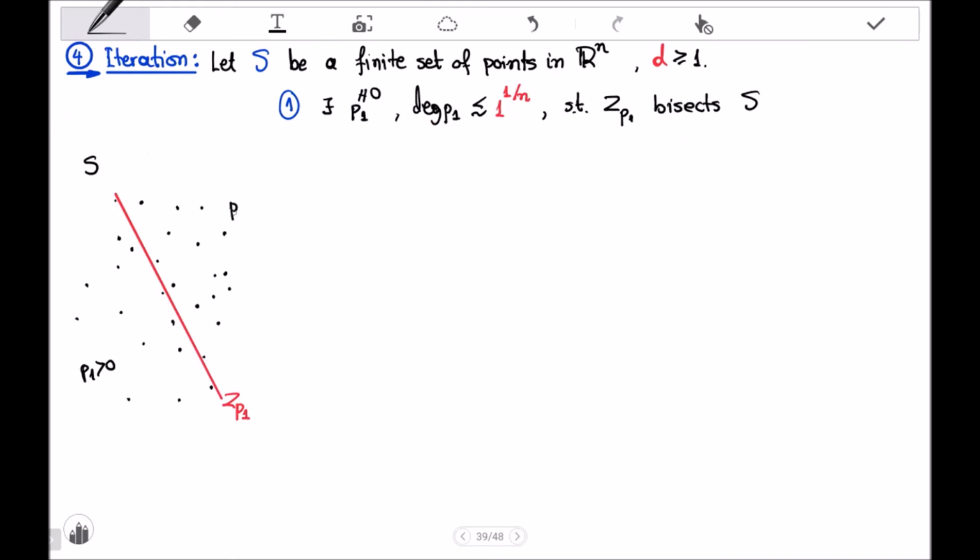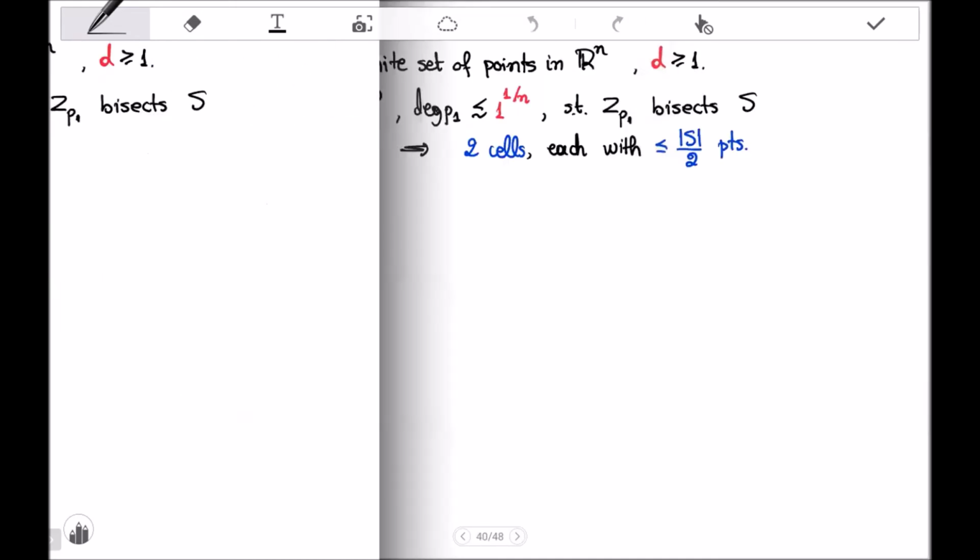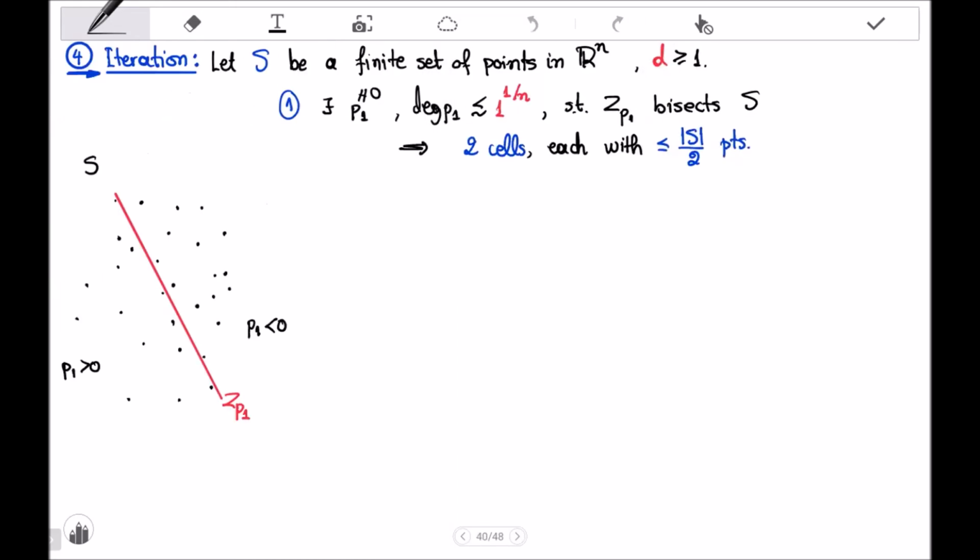And on the part where P1 is negative, we again have at most half the points. So we have two cells, each with at most the average number of points. And you start seeing what a cell means: two cells, each fully determined by a sign of this polynomial, either positive or negative.